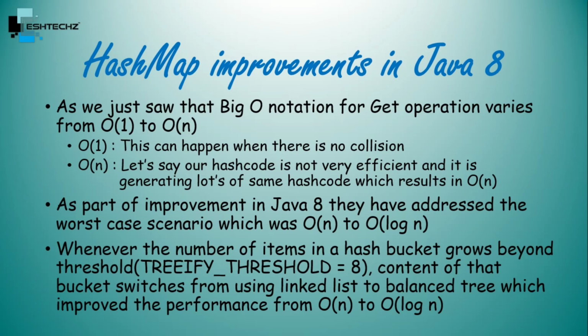Now what this means is whenever a linked list has 8 objects, and if a 9th object comes, at that time the implementation changes from linked list to balanced tree, improving the performance from O of n to O of log n. So with this, we have completed this tutorial.